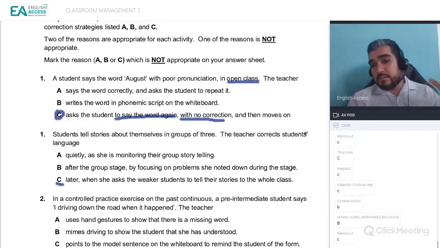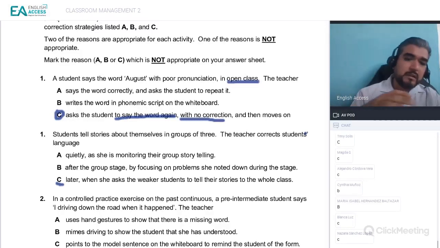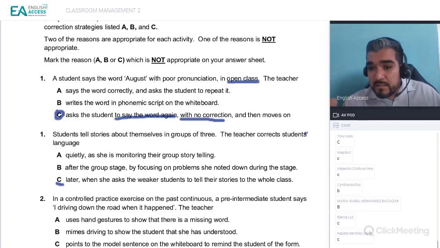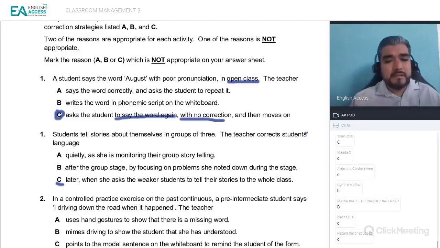So imagine the situation: you got groups of three, and the students are telling stories, and you are walking around, right? So the letter A says that quietly the teacher is walking around monitoring, and the teacher approaches one group and tells that group, good job, but you say this, not this, and you say this, not that. And the group says, oh, thank you, teacher, right?